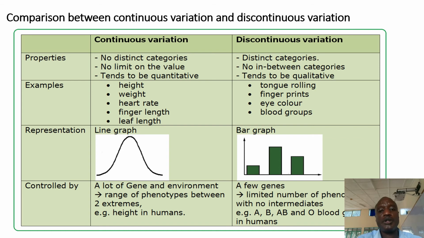So what you can do here is take your time, go through each property, and link it with another property in terms of continuous and discontinuous variation. It is from this table that the whole summary about continuous and discontinuous variation comes. So you have to pay much attention to this summary.